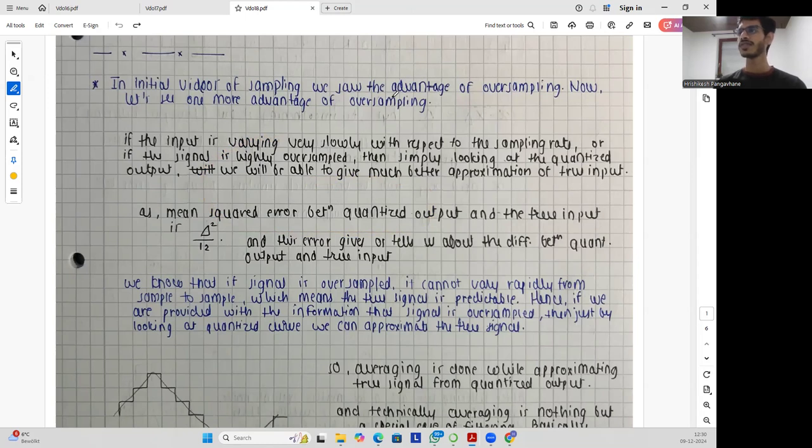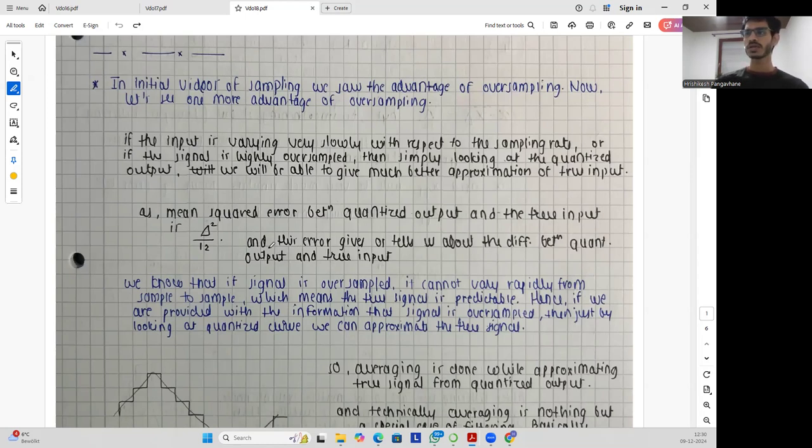If the input is varying very slowly with respect to the sampling rate, so two consecutive samples are not that much different, or if the signal is highly oversampled, then simply looking at the quantized output, we will be able to give a much better approximation of the true input, as the mean squared error between the quantized output and the true input is given by delta square by 12.